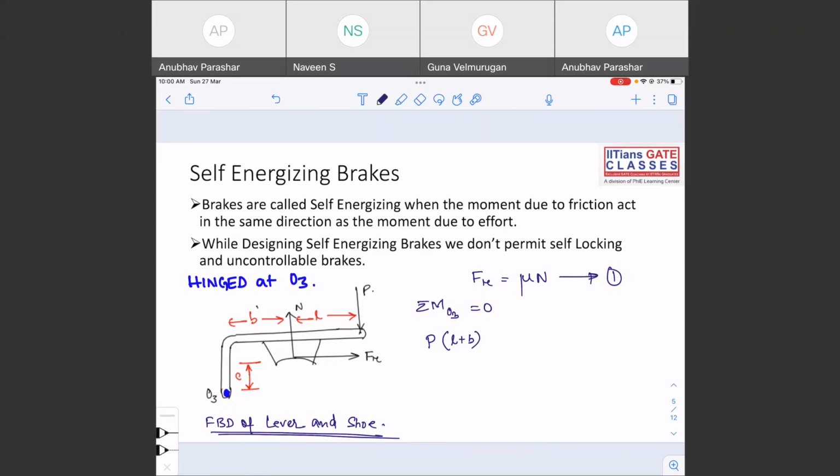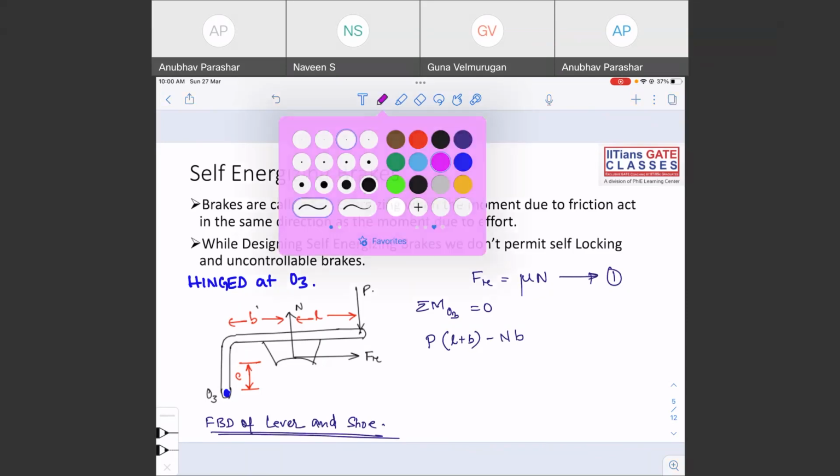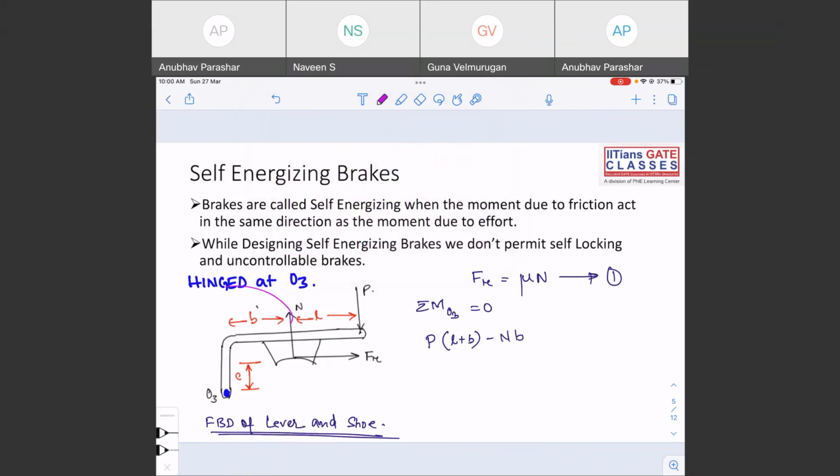This is a clockwise movement. P is causing a clockwise movement, you can see, minus N into B, because N, the normal reaction, is causing an anti-clockwise movement. You can see it very clearly, isn't it? N is causing an anti-clockwise movement, P is causing a clockwise movement.